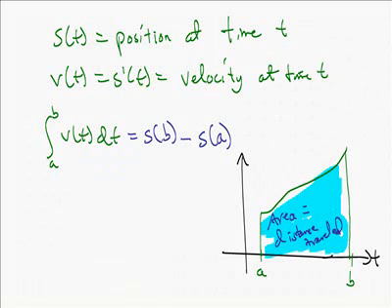So you're going to take your position at time t equals b minus your position at time t equals a, and that gives you, again, just like we said, the distance traveled from time t equals a to t equals b. So there's that practical application, and in light of that, it does make a little bit more sense that we would be able to evaluate a definite integral, which remember we defined as the area under a curve. We'd be able to evaluate that simply by finding an antiderivative.